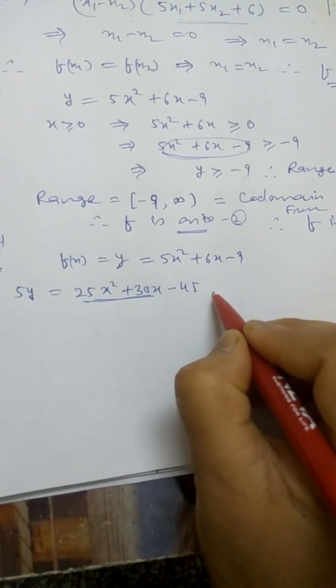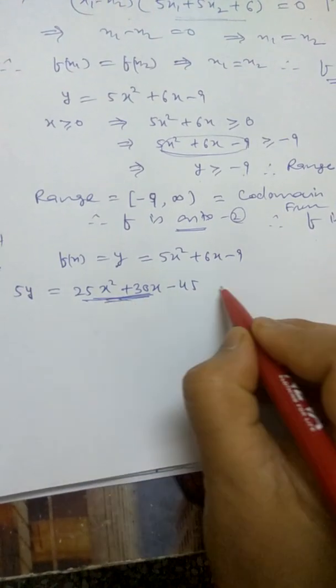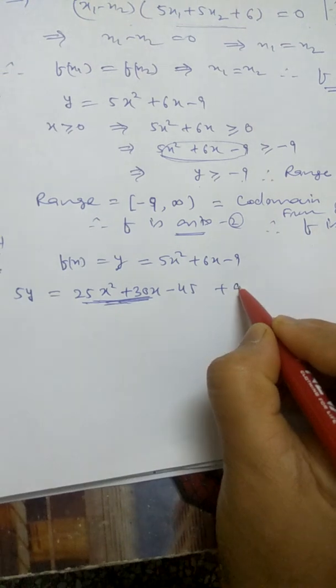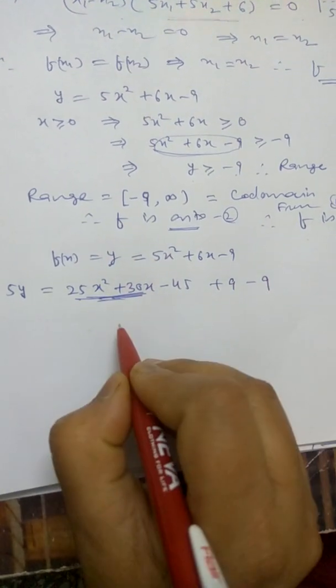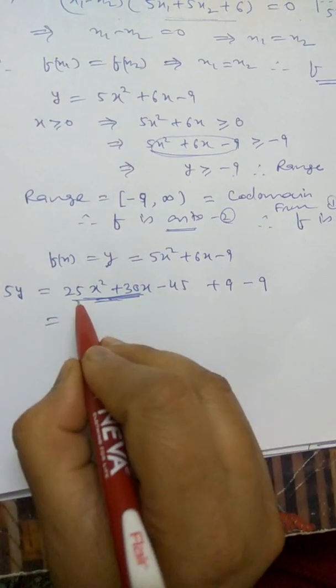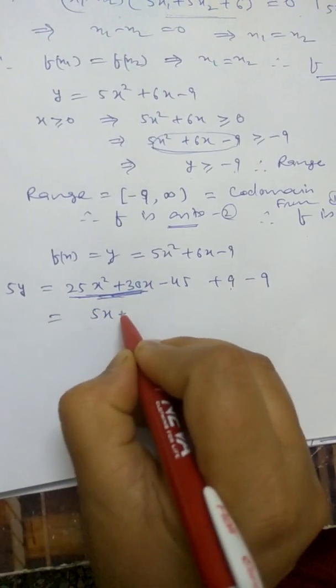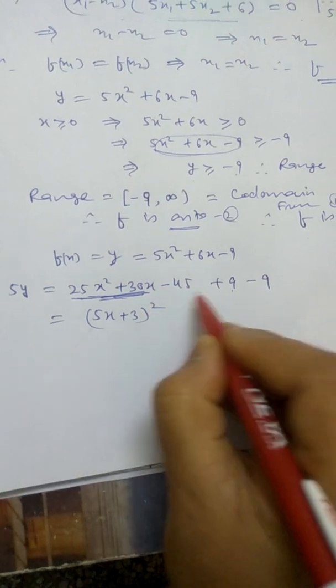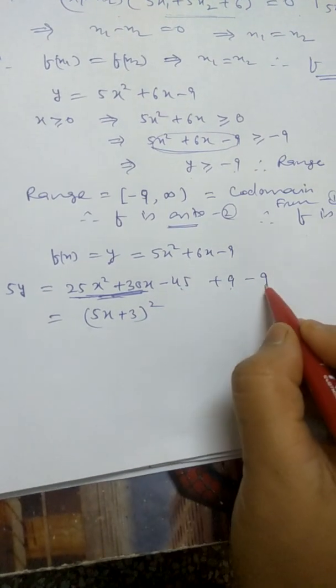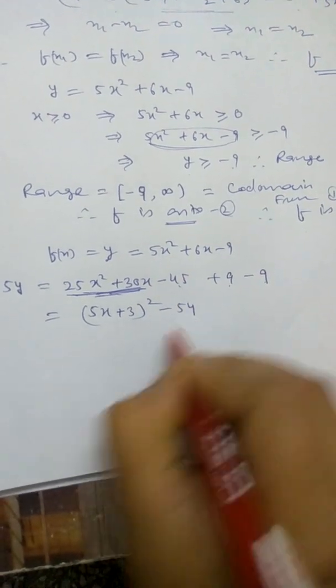Adding 9 and subtracting 9, this 25x² + 30x + 9 becomes the whole square (5x + 3)², and -45 - 9, that means -54.